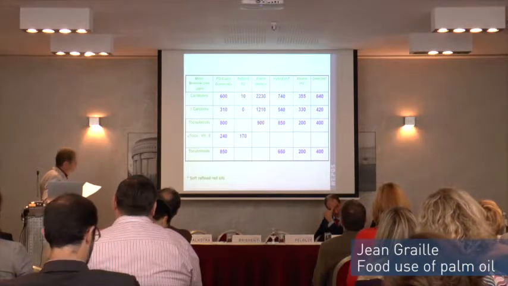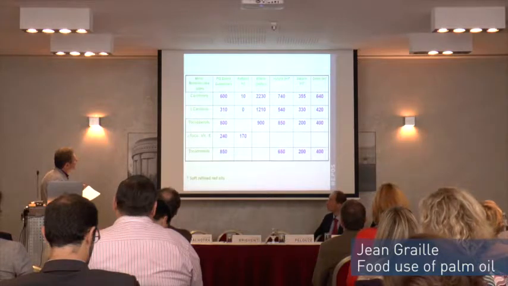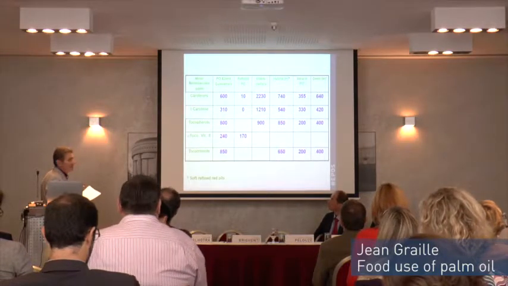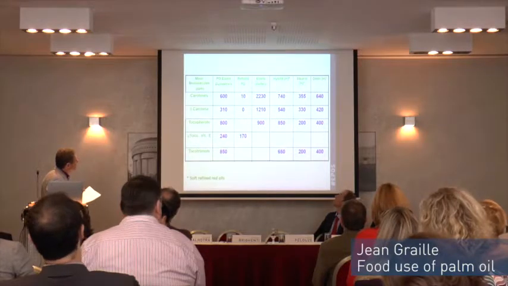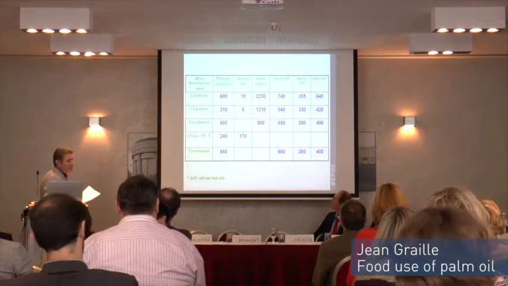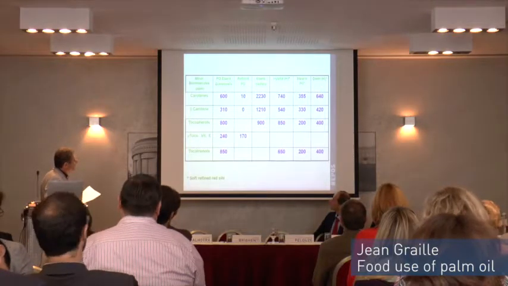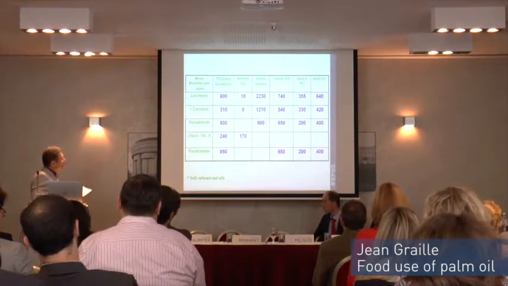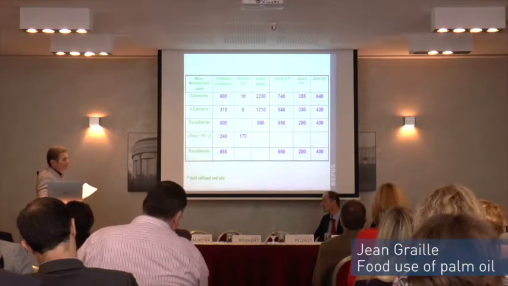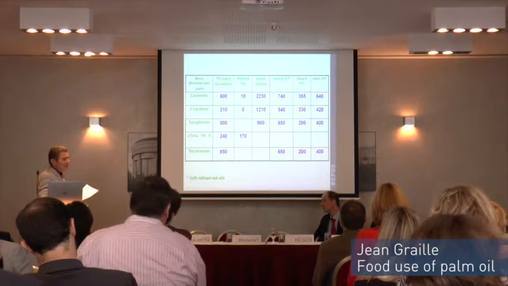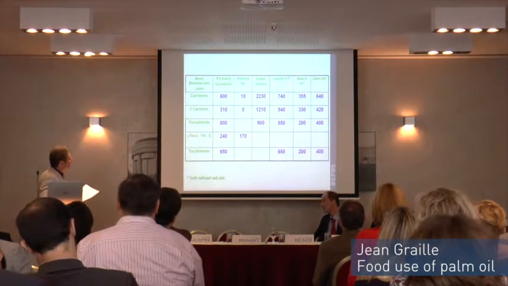You have carotene, and among them beta-carotene, which is the vitamin A precursor, then tocopherol, and among them alpha-tocopherol, which is the precursor of vitamin E, and then tocotrienol. Tocotrienol is a vitamin E equivalent, but is very much more efficient than vitamin E.